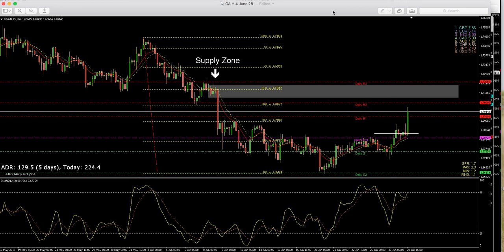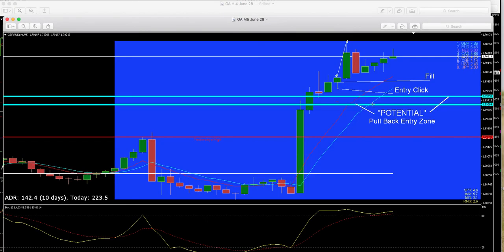And this 5-minute chart shows this area that I really like as far as pullback coming to this zone for a re-entry. This is only about a 10 pip zone, 169.76 through 169.65.